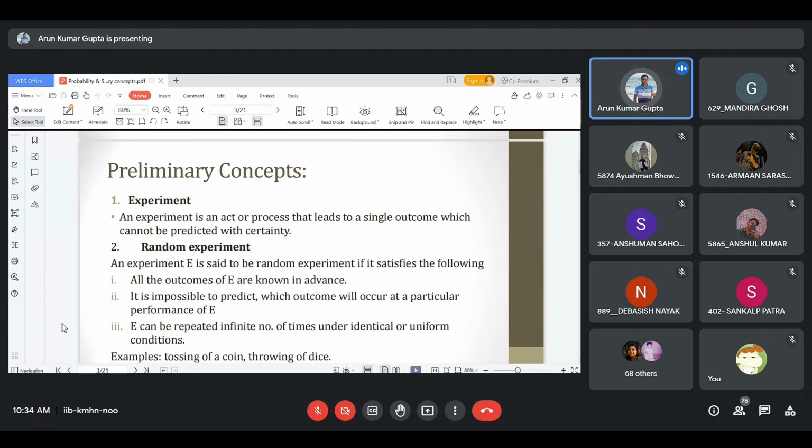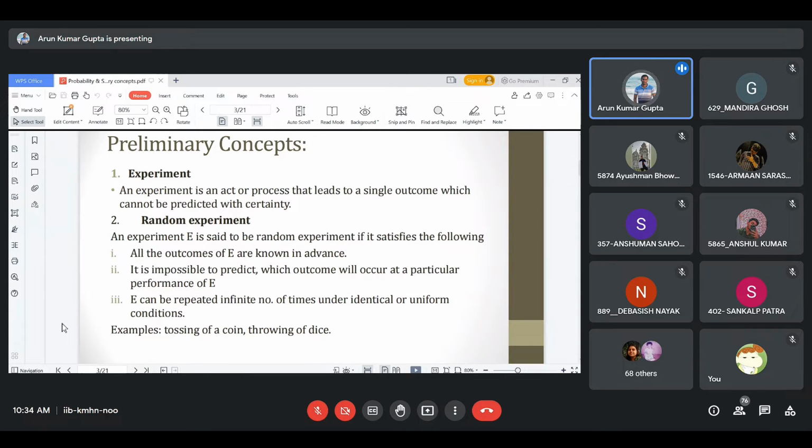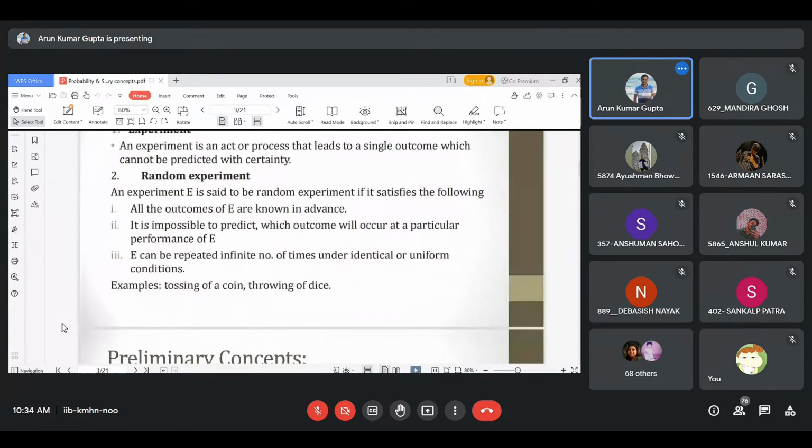We know the faces, so one of the faces will appear, whether you try once, twice, or 100 times. This is the basic difference between an experiment and a random experiment.